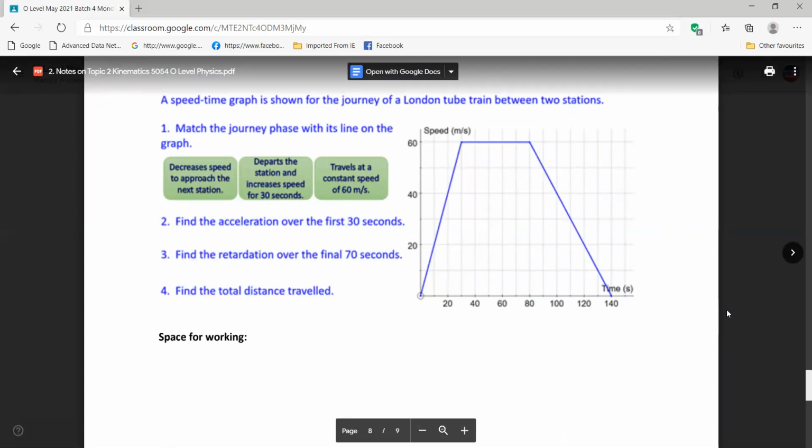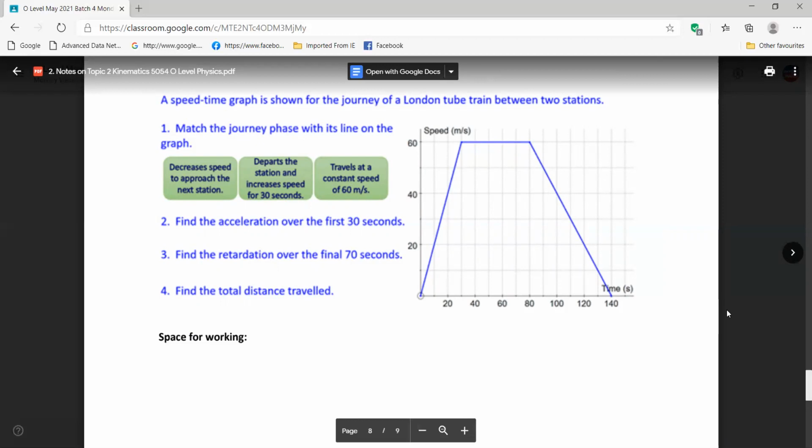A speed time graph is shown for the journey of a London tube train between two stations. In the first question, we need to match the journey phase with its line on the graph. Sir, I didn't understand the question.